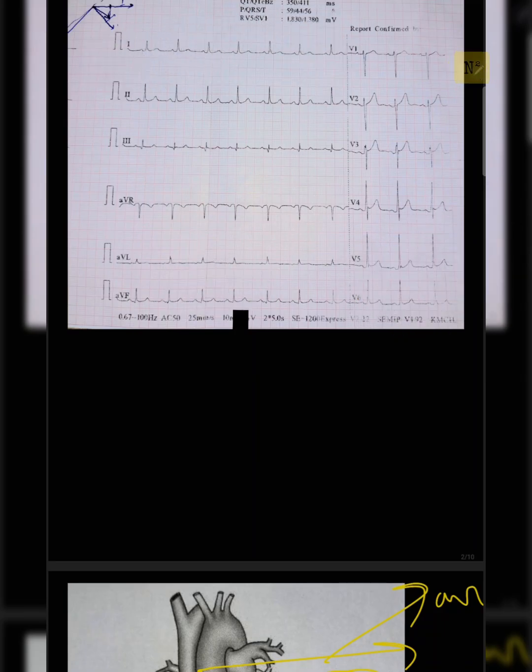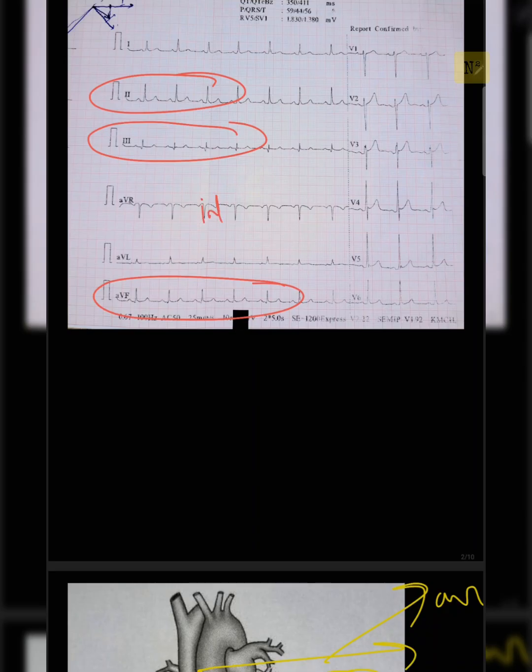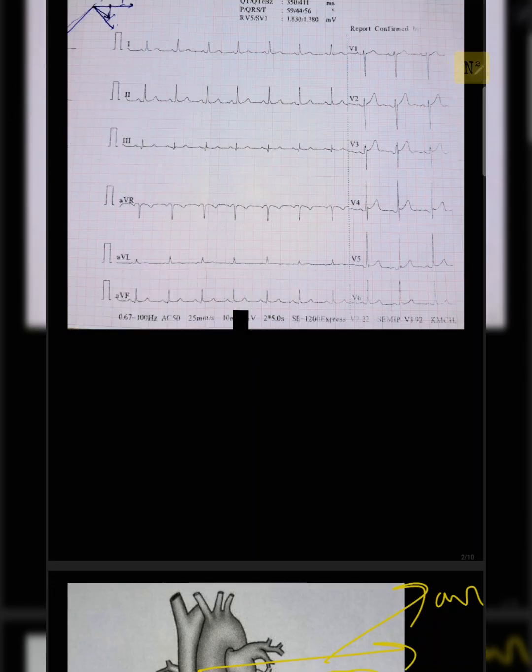Or if you are getting an abnormality in lead 2 and lead 3, along with the foot lead, then you suspect that the person will have an inferior wall abnormality. Or if you have an ECG rhythm strip with abnormality in the AVR only, then you will suspect that person to have a posterior wall abnormality.